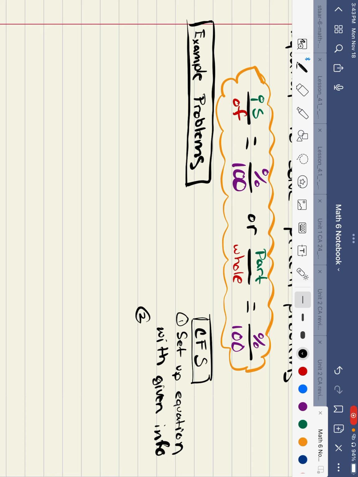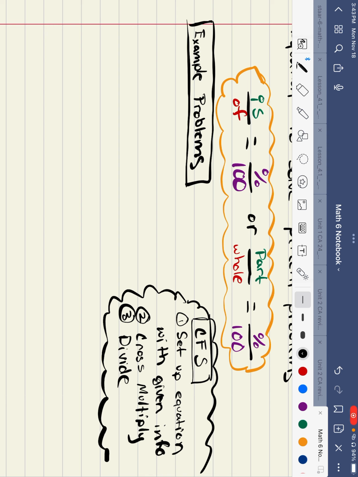What that means is they're going to give you information. So you just have to set up this equation that we've written up here, is over of, and then you got to put the numbers in that you know. You're then going to cross multiply and then divide. So this is our criteria for success, or our steps that will get us there.